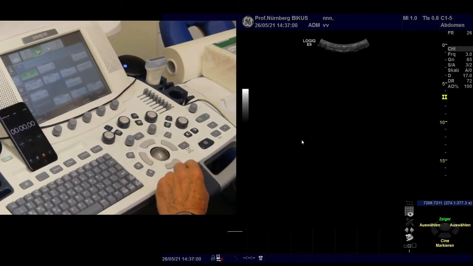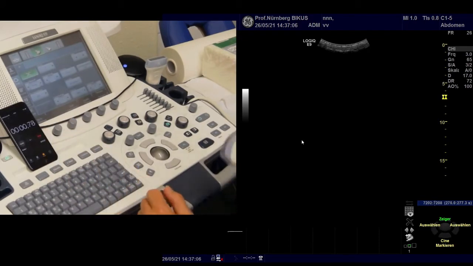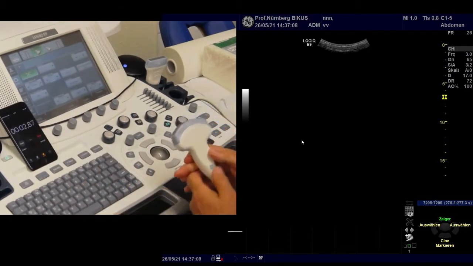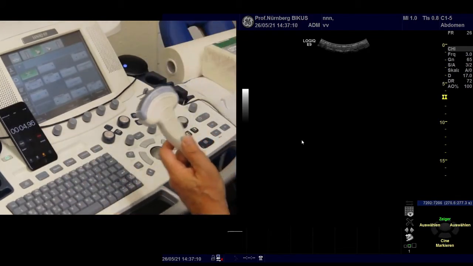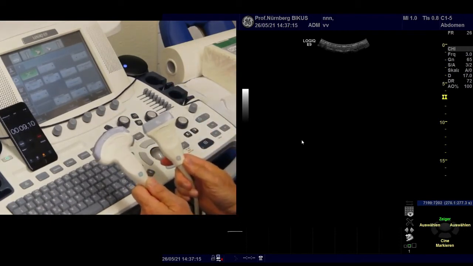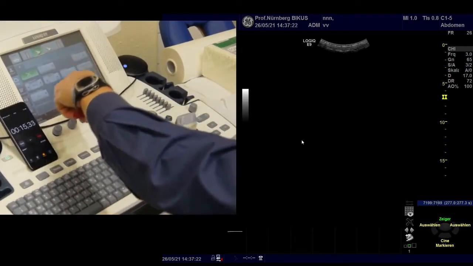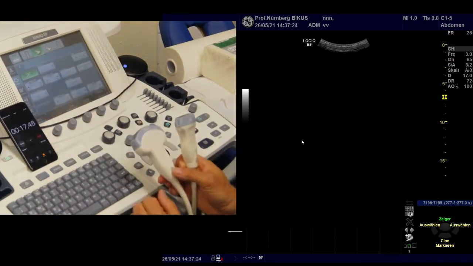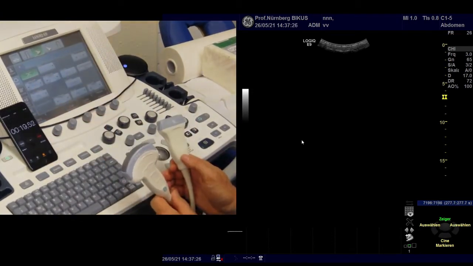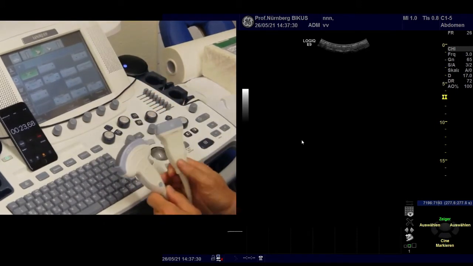That means we have to explain some of the switches and buttons, and we start by choosing the right probe. On the left side of this machine you can see the keyboard and the screen, where you can choose the preset of what you want to use and some of the switches.